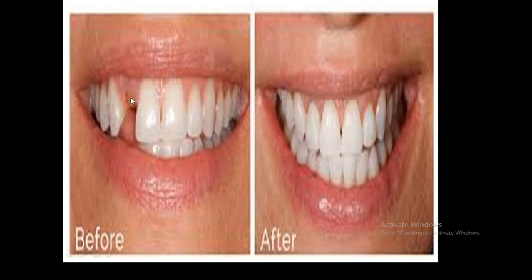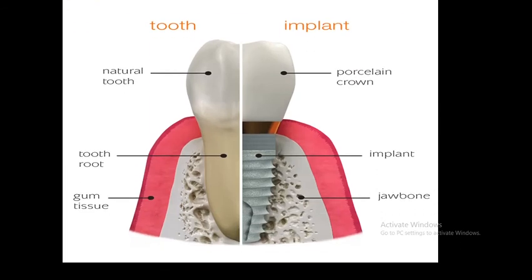He placed the implant in this space, okay, and then he placed the crown, okay. So this is before and this is after. Can you see how beautiful the smile looks after making an implant? That's why it's more expensive than dentures.